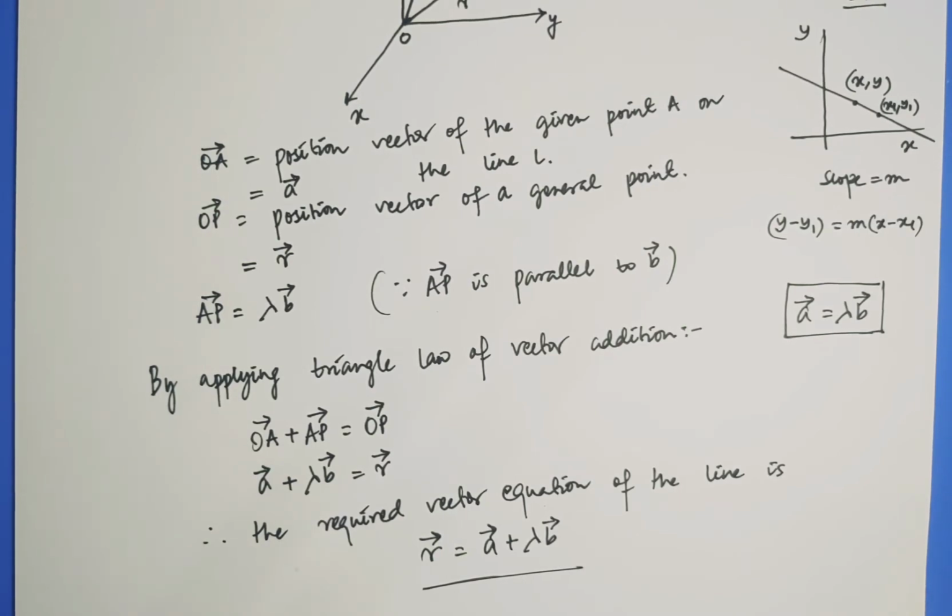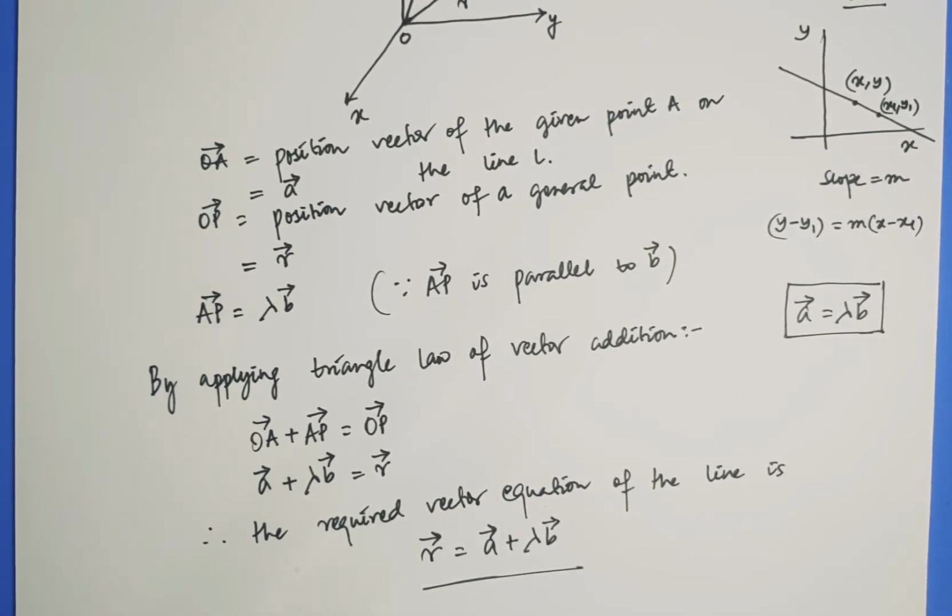It's so easy. So what is A vector? If somebody asks you, A vector is the position vector of the point through which the line passes. And what is B vector? B vector is the vector which is parallel to the line. Understood? So this is how we find the vector equation of a line.